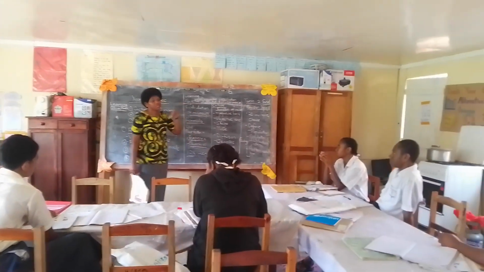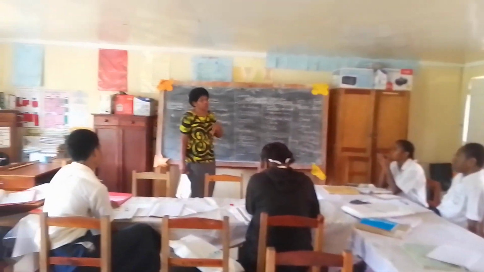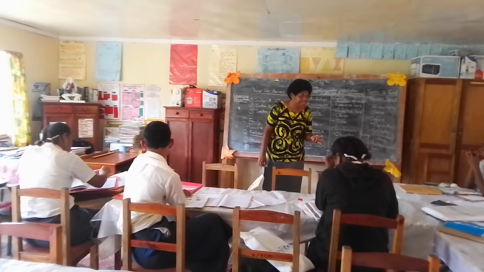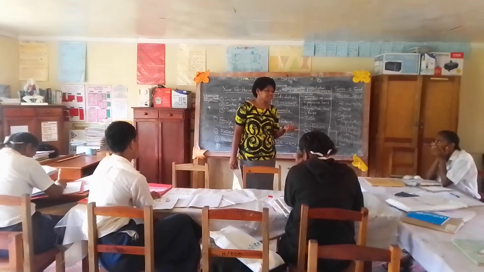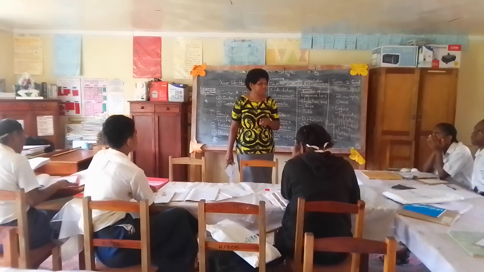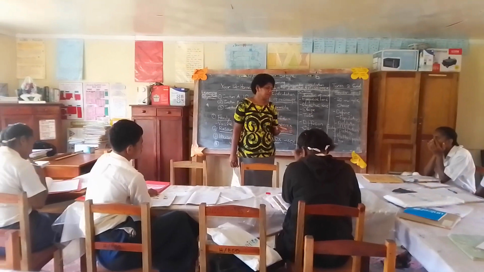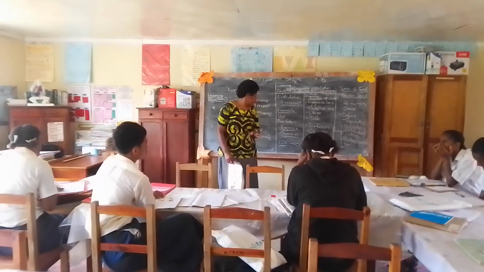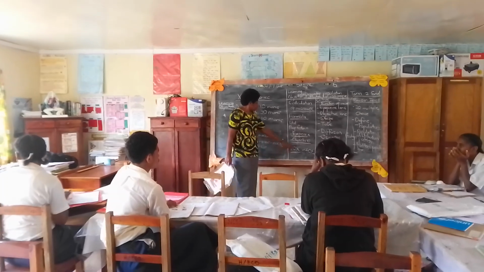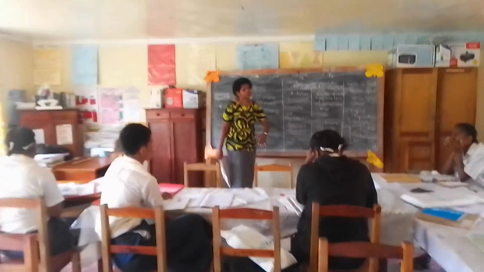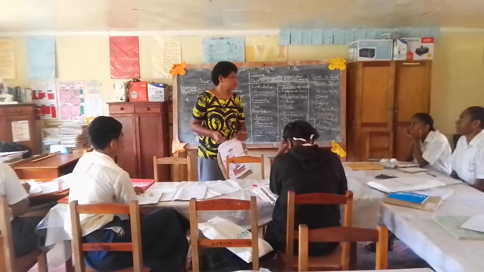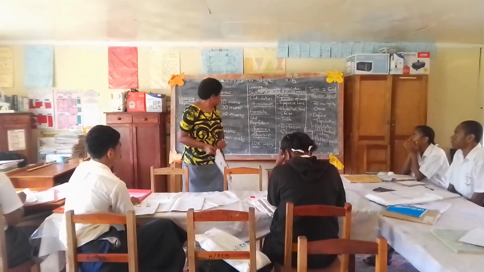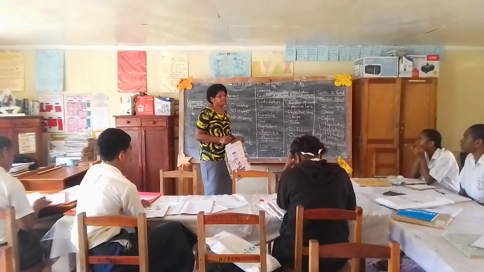When you move up to next year, then you learn more: how to calculate cell size and how to convert millimeters to micrometers. That will double your work next year. So, any question? I'm giving up the floor. Any questions, students? Would you like to know about the microscope?